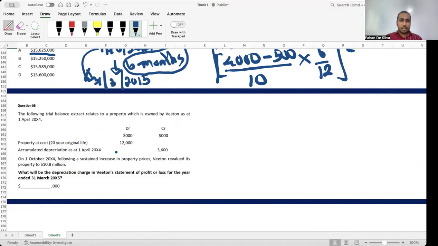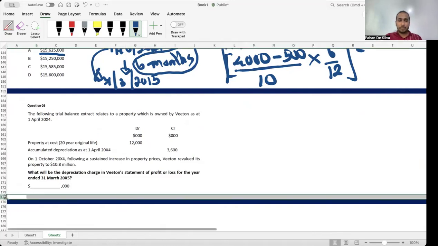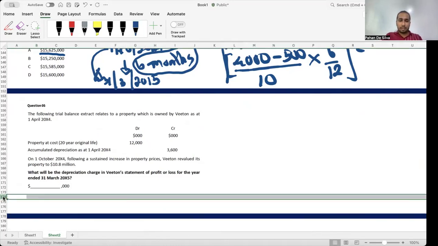Property at cost, 20 years original life, is 12,000 and accumulated depreciation as at 1st April 2014 is 3,600. On 1st October 2014, following a sustained increase in property prices, Wheaton revalued its property to 10.8 million. What will be the depreciation charge in Wheaton's statement of profit or loss for the year ended 31st March 2015? Let's try to work this out.